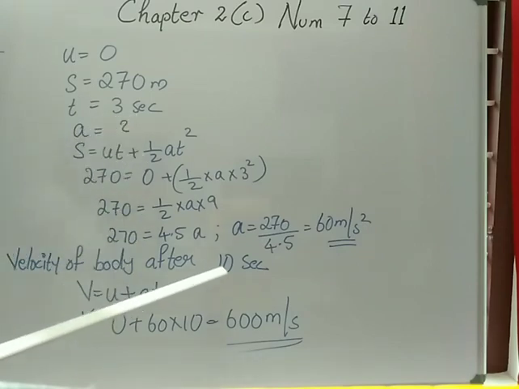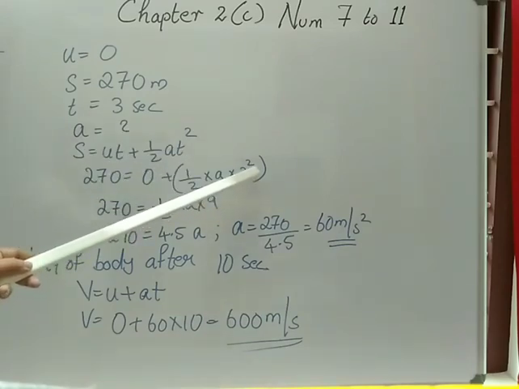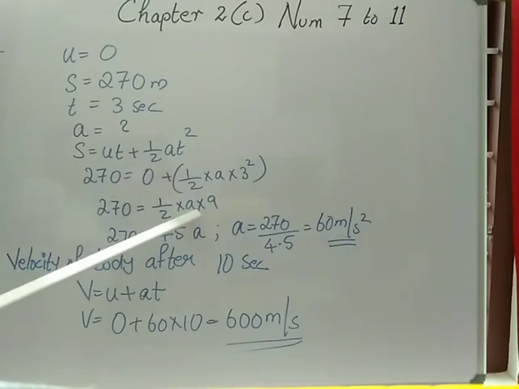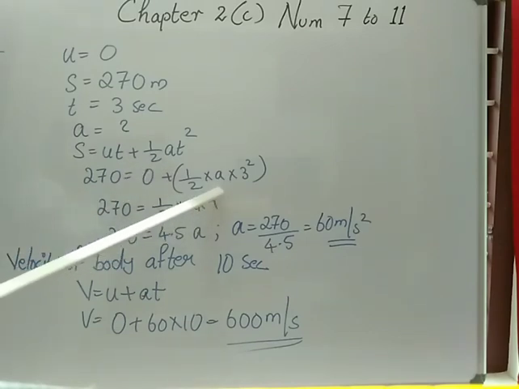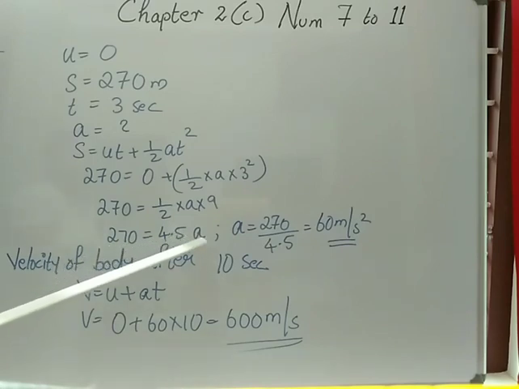I will take 10 later, because here we are just calculating the acceleration when the body starts from rest for the first 3 seconds. 3 square is 9. So 270 is equal to, we can omit 0, half into a into 9. 9 by 2 is 4.5. So you get 270 is equal to 4.5a.